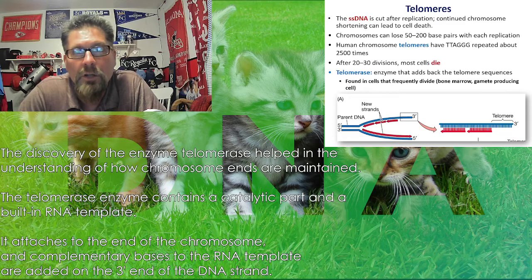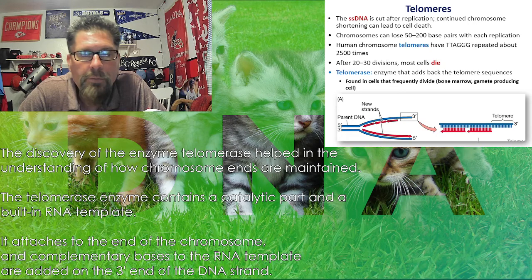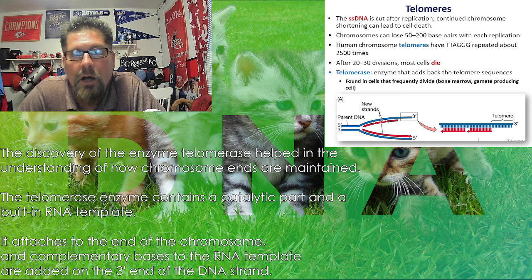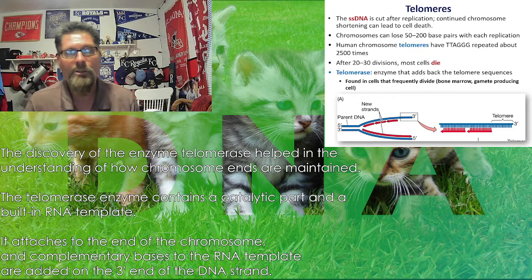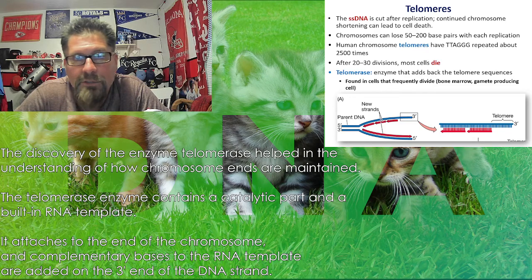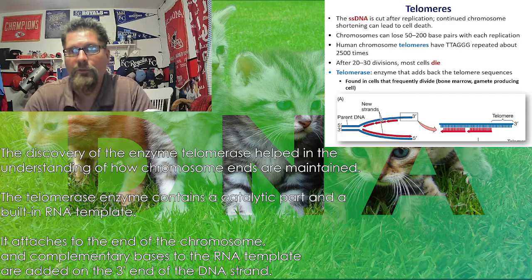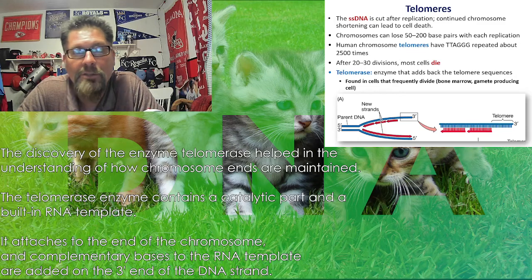That end is made up of a set of nucleotides, and you can see the letter combination over there. About 25,000 sections at the end is that TTAGGG section, and so if you take 25,000 sets of that times 6, you get 150,000.